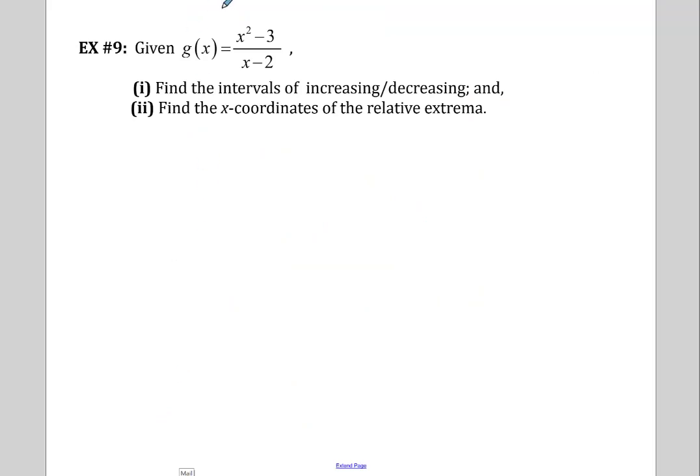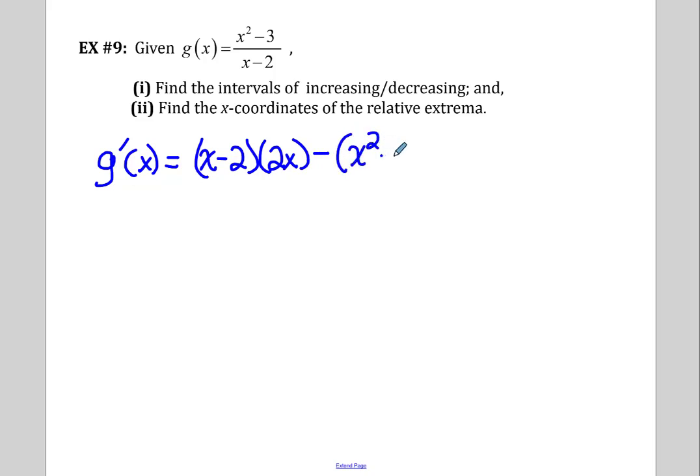And then our last example, this was a lot of examples. Given this rational function, find the intervals of increase, decrease, and find the coordinates of the extrema. So g prime is going to be denominator times derivative of the numerator minus numerator times derivative of the denominator all over the denominator squared.